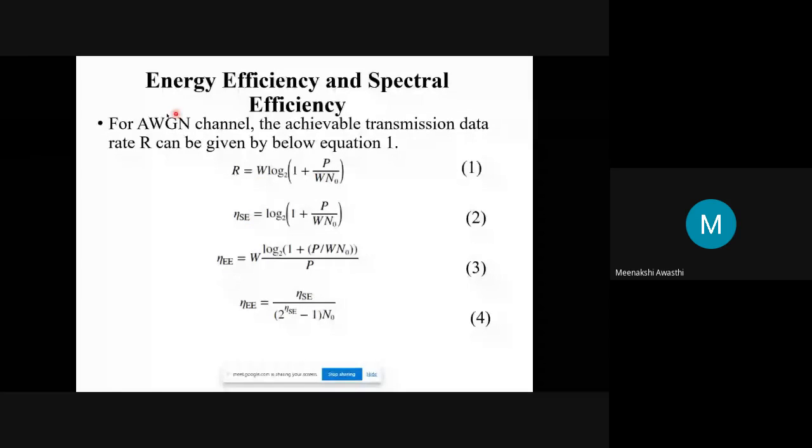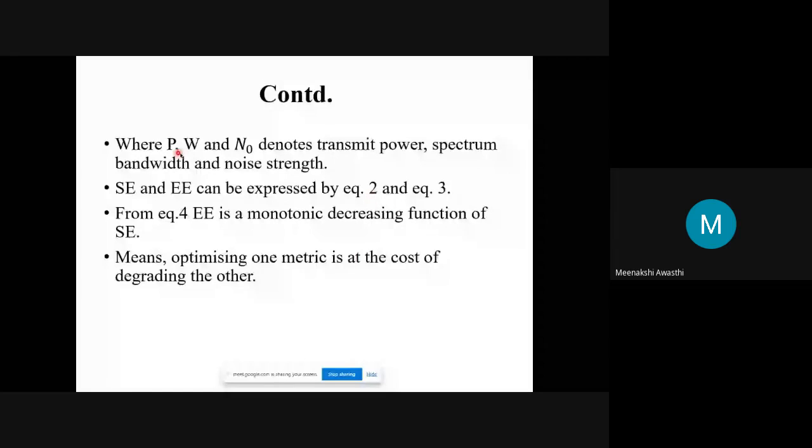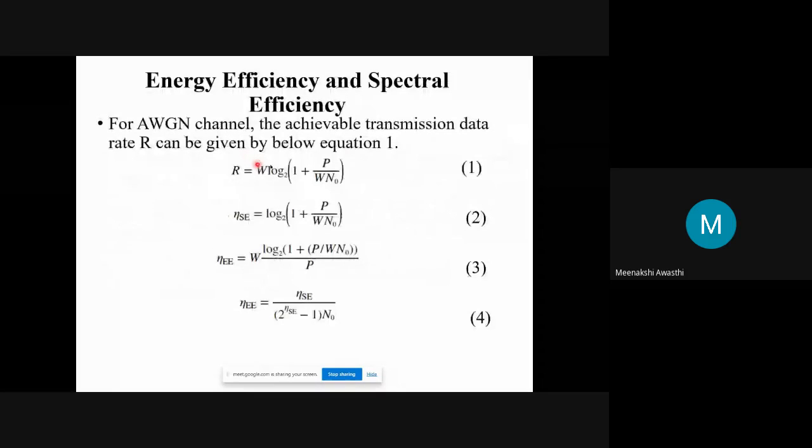If we talk about the AWGN channel, the achievable transmission data rate R can be given by equation 1: R = W log2(1 + P/(W N0)), where P, W, and N0 denote the transmission power, spectrum bandwidth, and the noise strength. So this is the first equation, the transmission data rate.